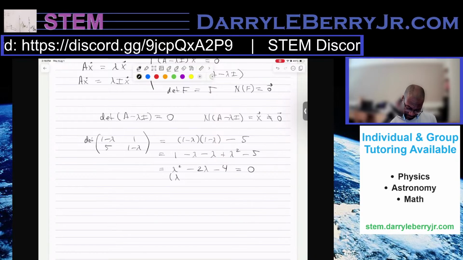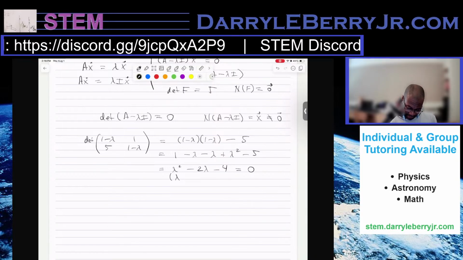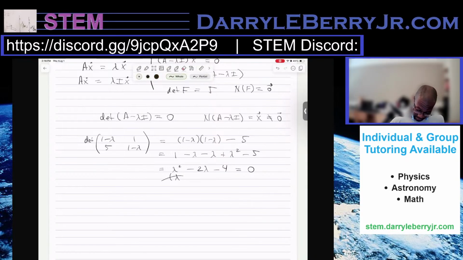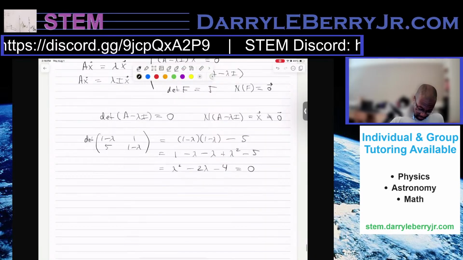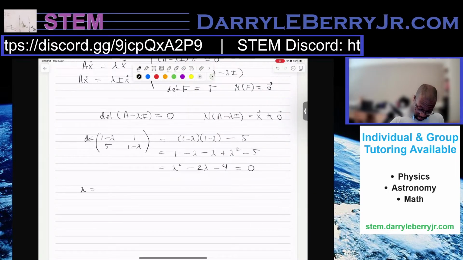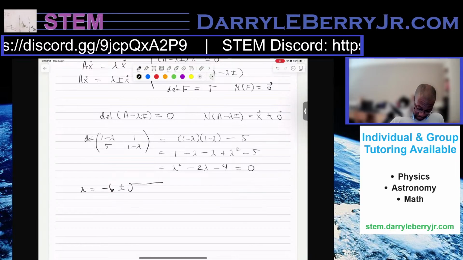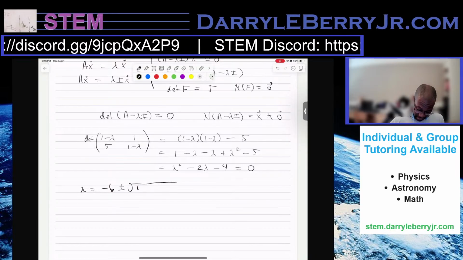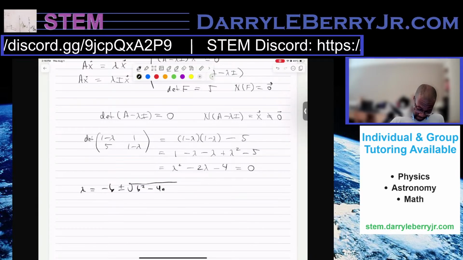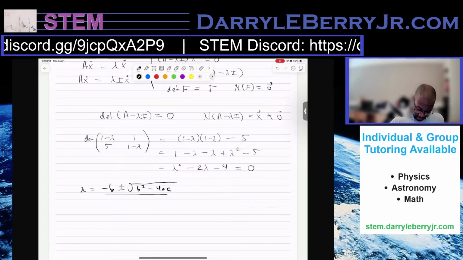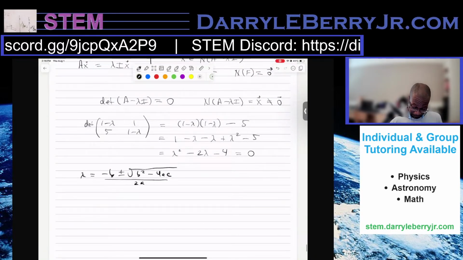Maybe I can't factor this. Yeah, I can't factor this. All right, so we're gonna go to the trusty old lambda equals negative b plus or minus the square root of b squared minus 4ac over 2a.